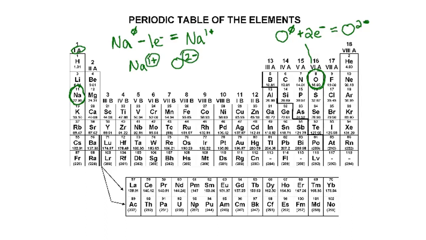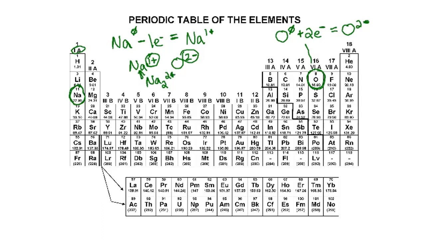Well, one way we can do that is if you end up having 2 Na's. If you have 2 Na's and each sodium has a positive 1 charge, that's going to equal a positive 2 charge because you add up the charges when you add up the sodium.